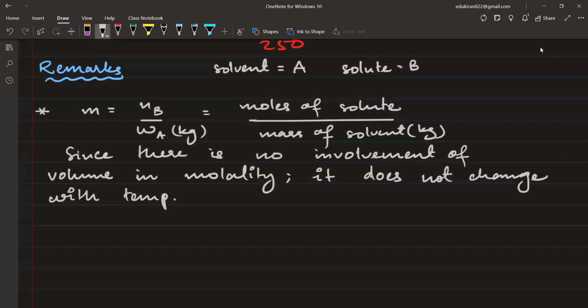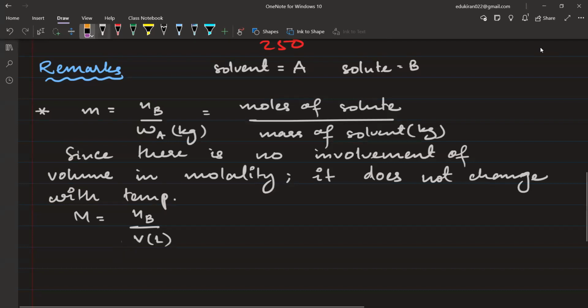You have not done this till now, but you should know that when you heat something, for example water, you can see it rising. Even if you heat milk, you can see it rising. So whenever temperature is increased, the volume is going to change. That is why molarity, which is equal to the number of moles of solute divided by the volume of solution in liters, changes with temperature because of the involvement of the volume term.